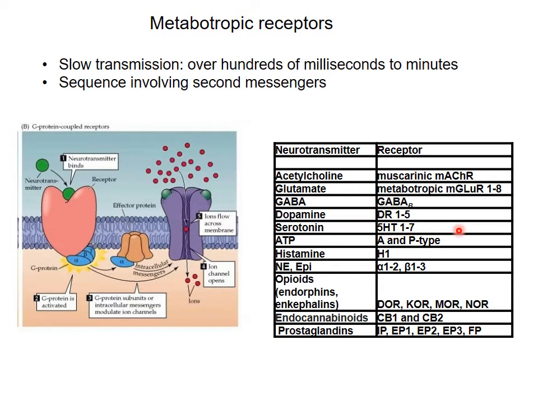Serotonin receptors are 1 to 7, so 3 is the only one that is ionotropic. Lots of different purinergic receptors, ATP and adenosine receptors of A and P type, are going to be metabotropic. Histamine, norepinephrine, epinephrine. Also receptors for opioids, endorphins, enkephalins and other opioids are metabotropic, as well as for endocannabinoids and prostaglandins.